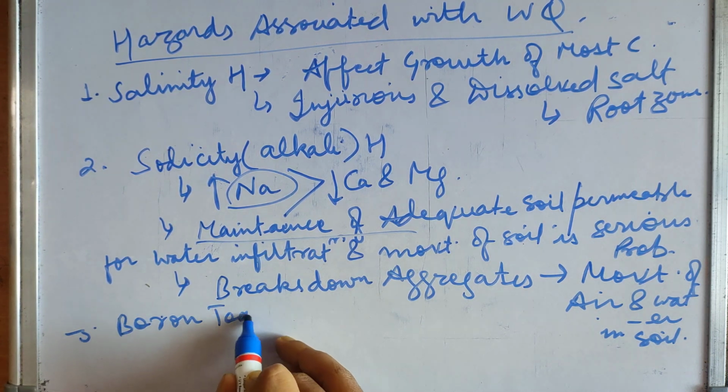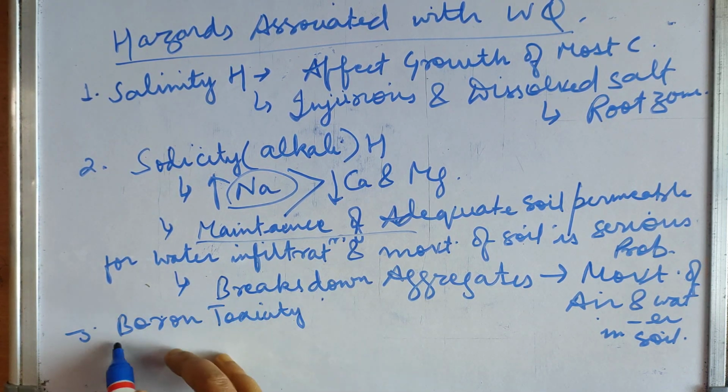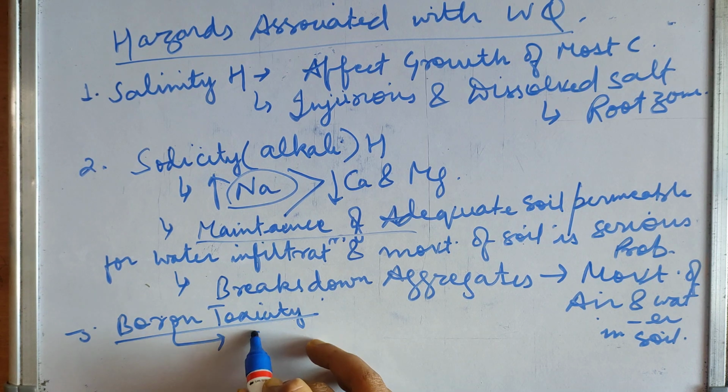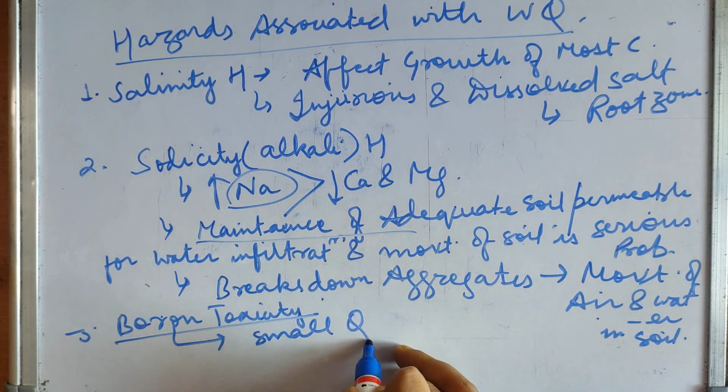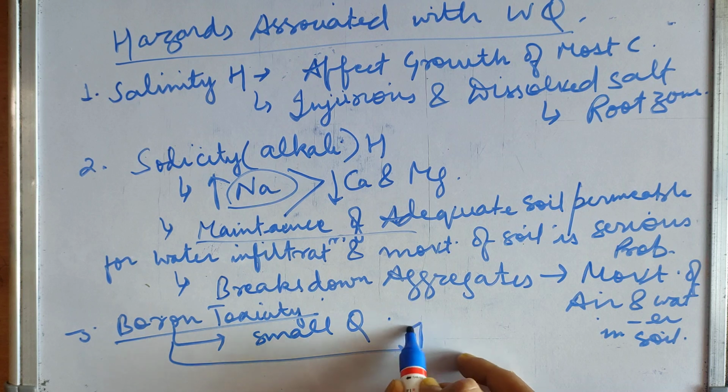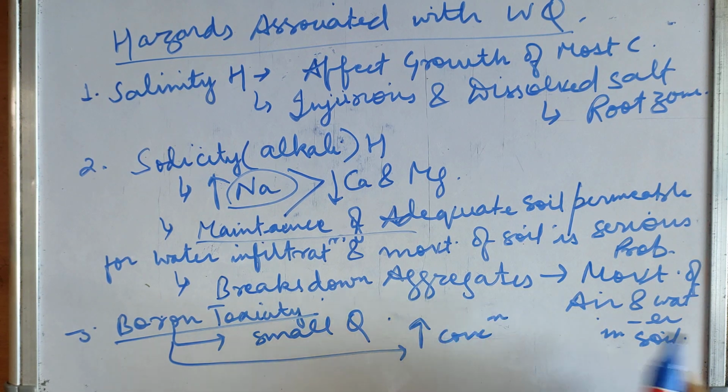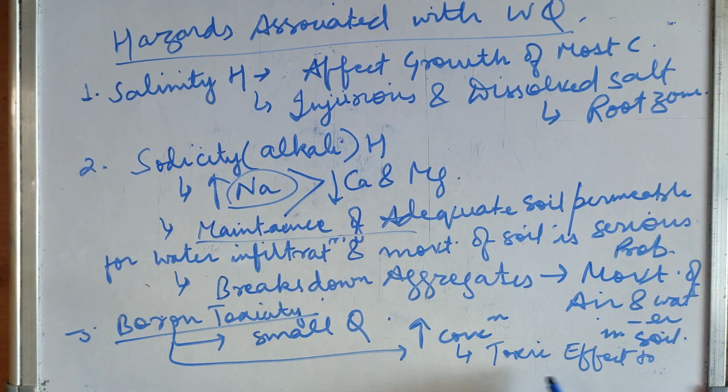Boron is required by all plants in small quantities, but when the concentration of boron becomes high, it gives toxic effect to growth of plants. So these were the three. I hope you all understand the hazards associated with all these three.